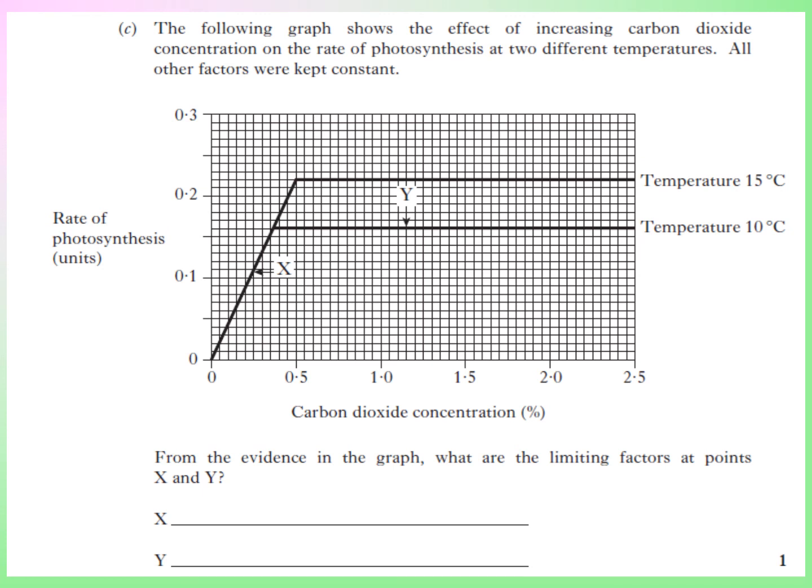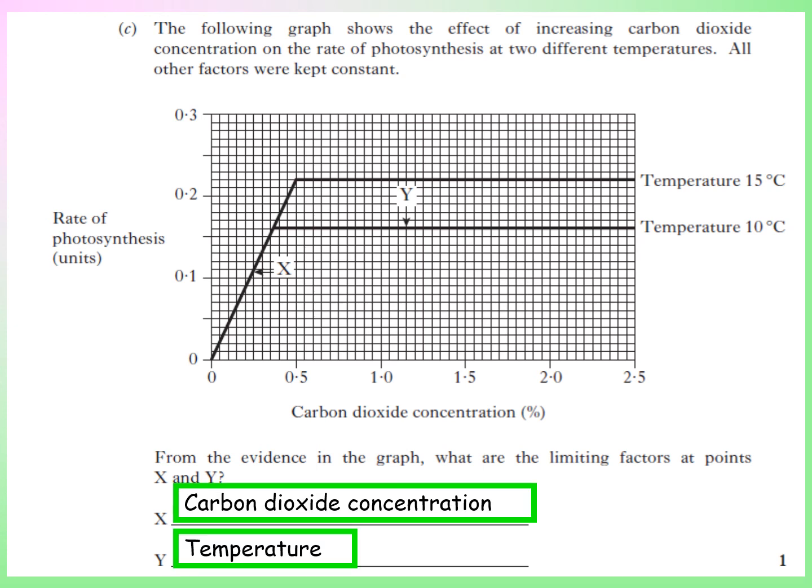When we're on the way up, we look down, and if we're on the level, we look up and spot the difference. So what is affecting or limiting the rate of photosynthesis at X and Y? So we should be quite good at this by now. So for X, we should have carbon dioxide because we're on the way up, so we look down, and with Y, we look up and spot the difference.